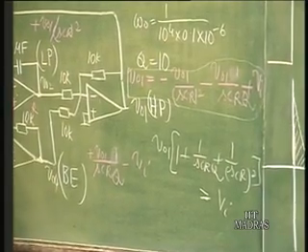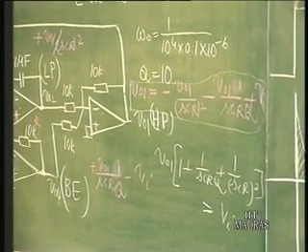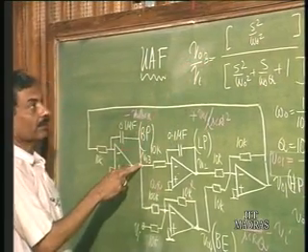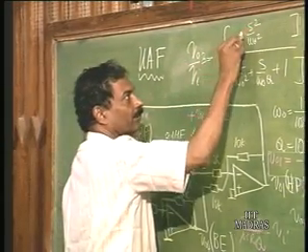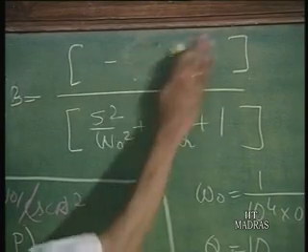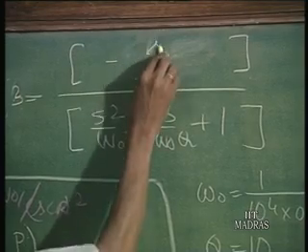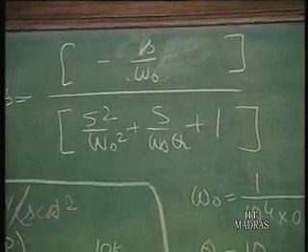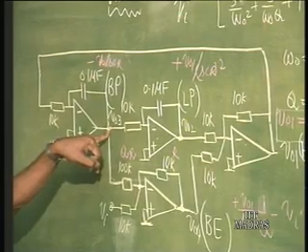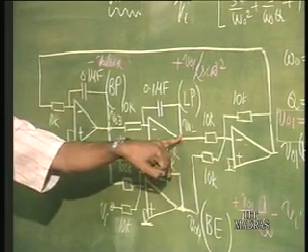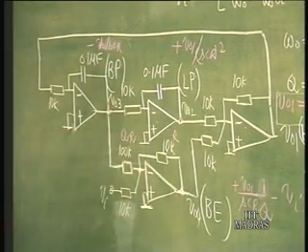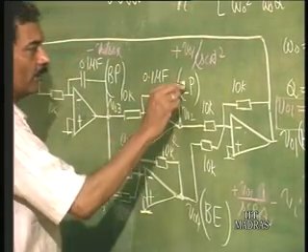If I now use this point, it will be V naught 2 or V naught 3 over Vi, which is going to be multiplied by minus S by omega naught. So this will get cancelled and we will get S by omega naught. That is band pass at this point. Again, it is going to be multiplied by omega naught by S with a minus sign, and therefore at this point it will be low pass.